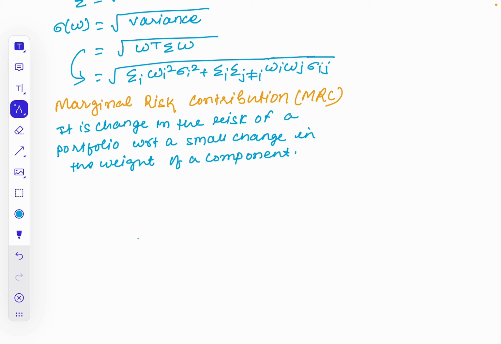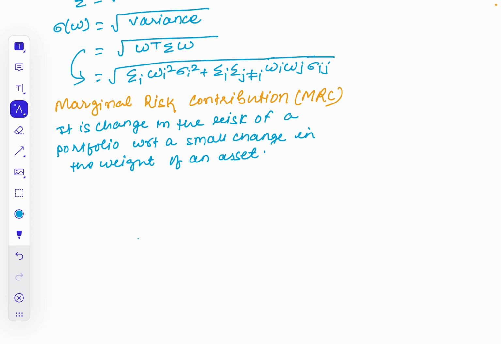So the marginal risk contribution of each asset component is with respect to the weight of an asset. That would be a better definition. So for example, each asset will have its marginal risk contribution. What is meant by marginal risk contribution? For an asset i, let us say you change the weight of asset i to a certain value, then what will be the change in the risk of the portfolio?